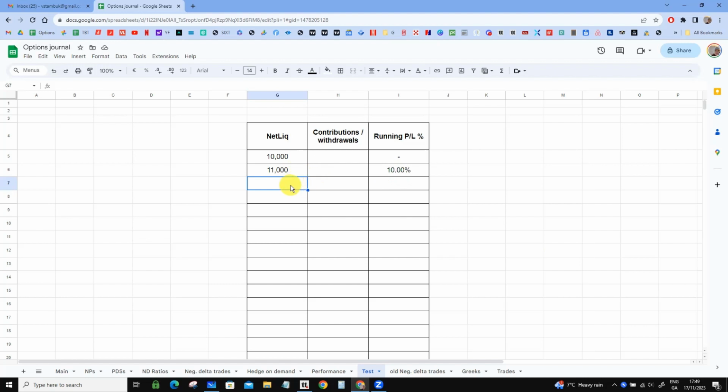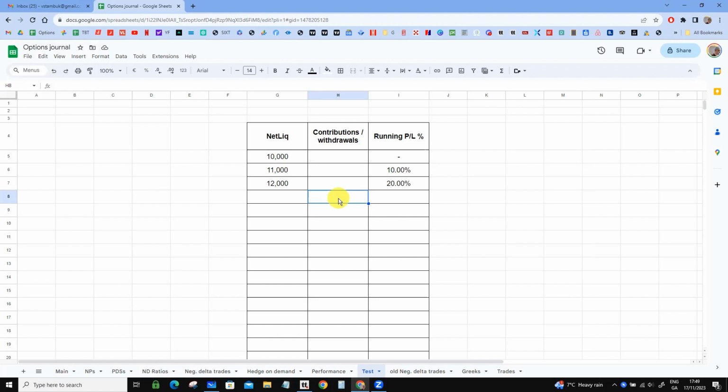You can continue on, you can make another increase in NetLiq and 20%, and that kind of makes sense. It's intuitive. You made 2,000 on 10,000 overall, and your performance overall is 20%. And keep in mind, it really doesn't matter the time period. We're just saying for this period you made 10%. But let's say now that after this period you decide to add 8,000.